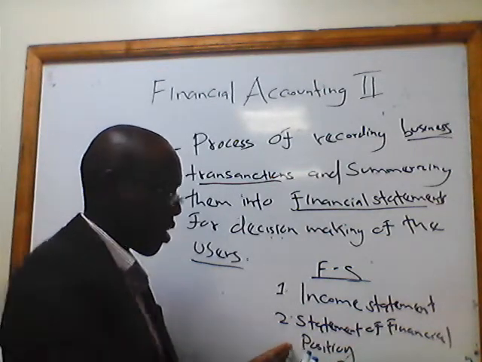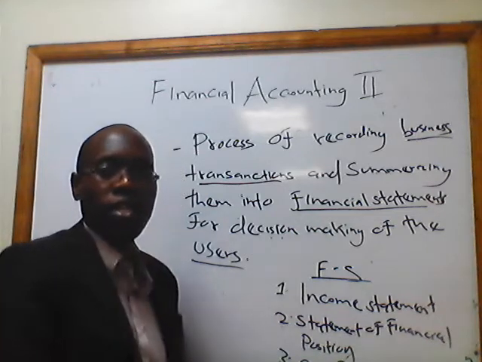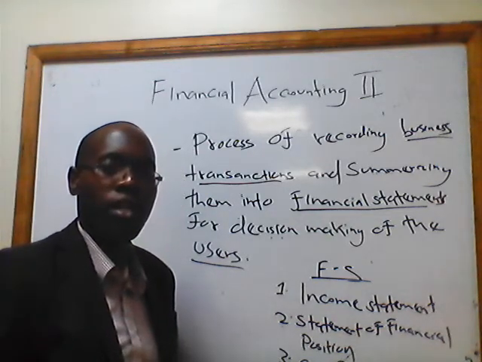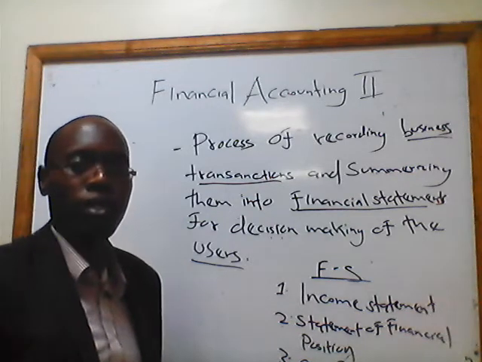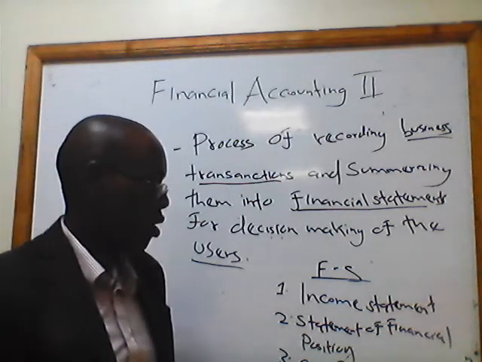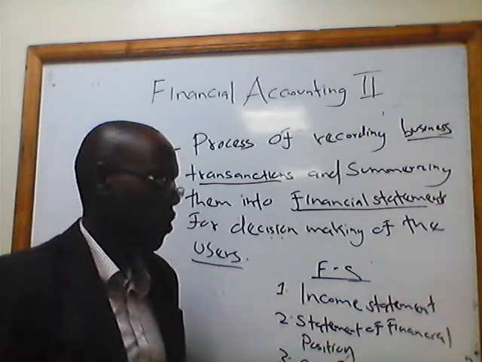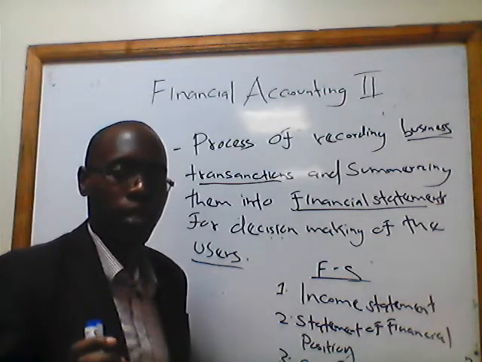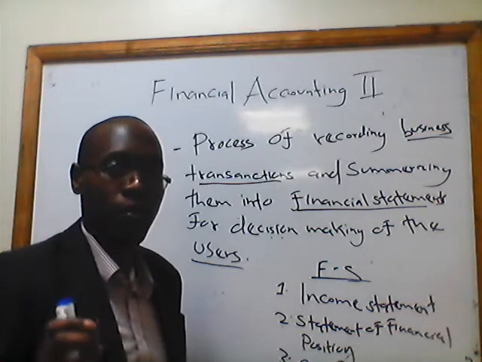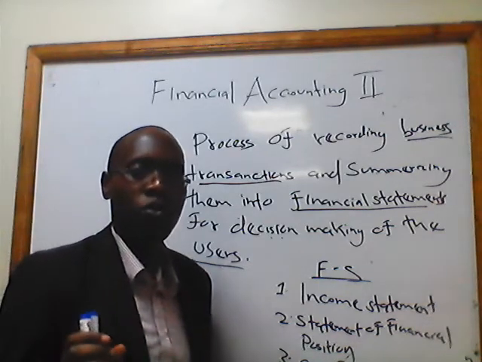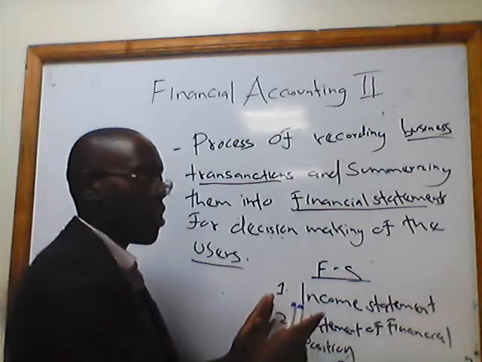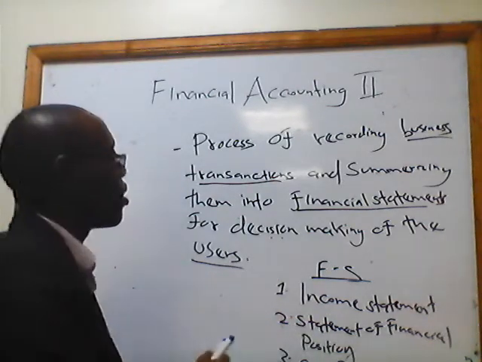But the cash flow statement has a different standard. It is prepared in accordance with International Accounting Standard number 7, which gives us two formats of preparing the cash flow statement: the direct method and the indirect method. So these are the financial statements we have mentioned here.